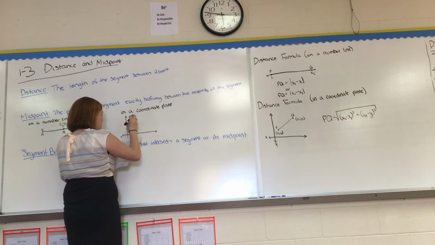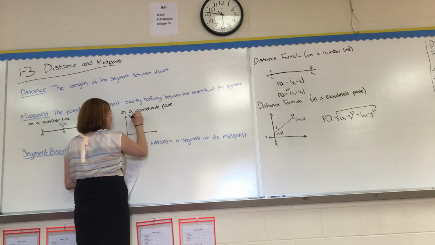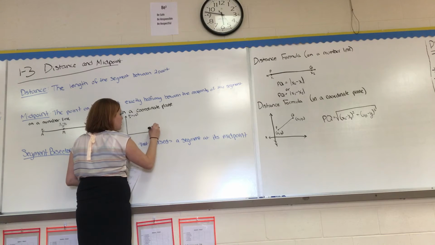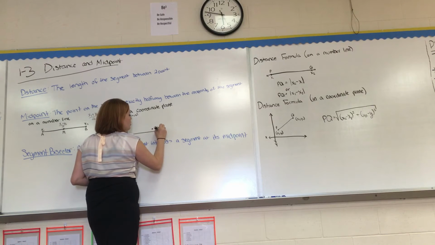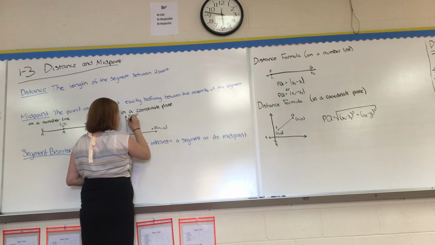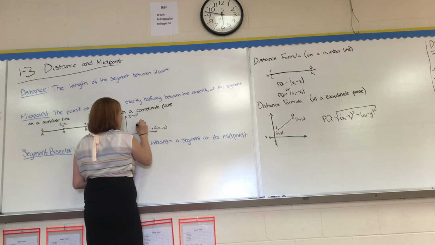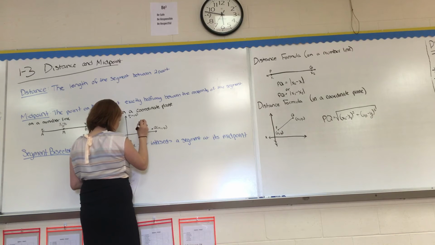We put point P here, which is x1, y1, and point Q down here, which is x2, y2. We have our midpoint, we're going to put it about there.